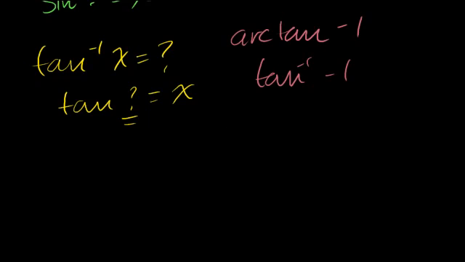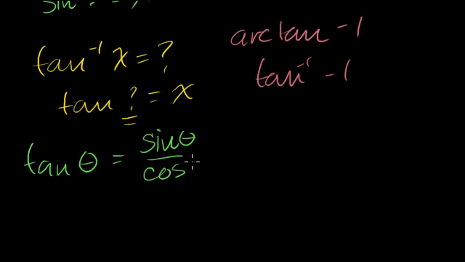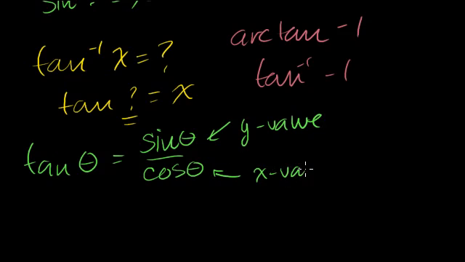And actually, let me just do a refresher of what tangent is even asking us. The tangent of theta, this is just the straight up vanilla non-inverse function tangent, is equal to the sine of theta over the cosine of theta. And the sine of theta is the y value on the unit circle, and the cosine of theta is the x value.